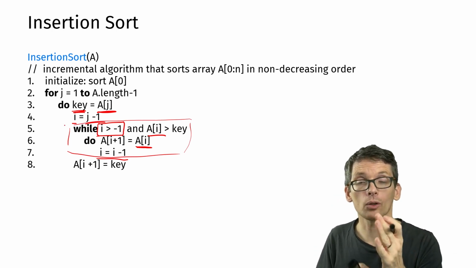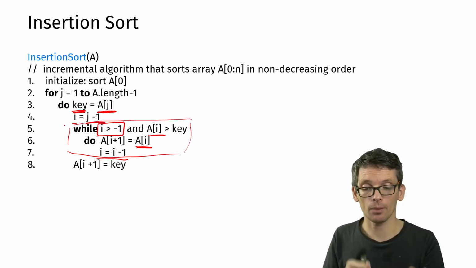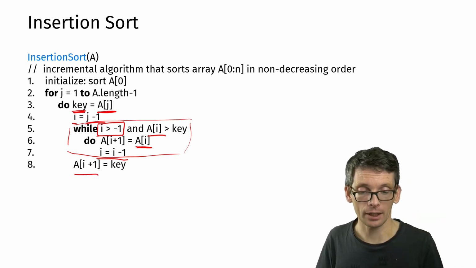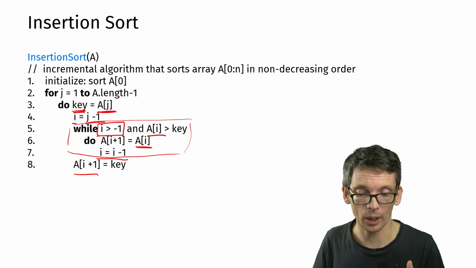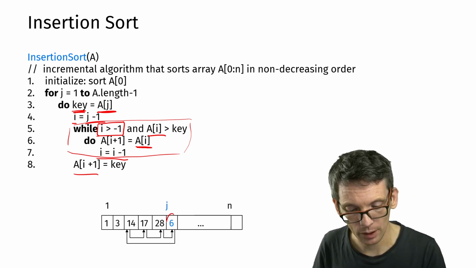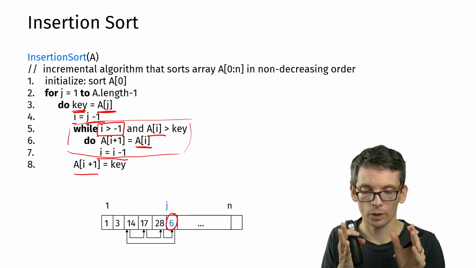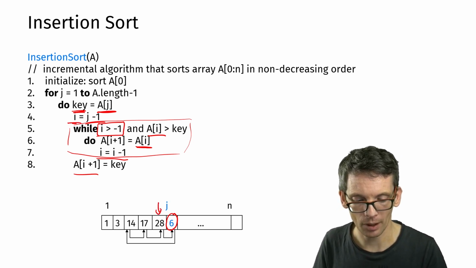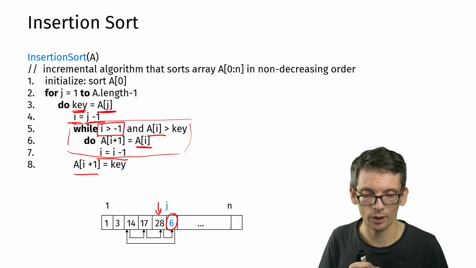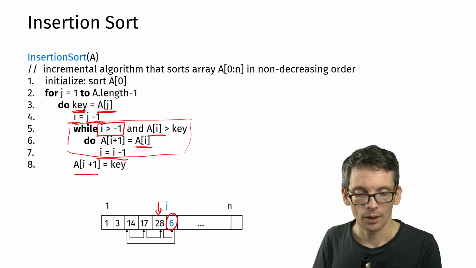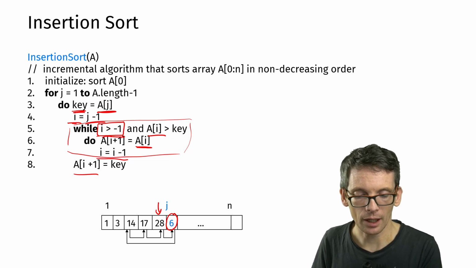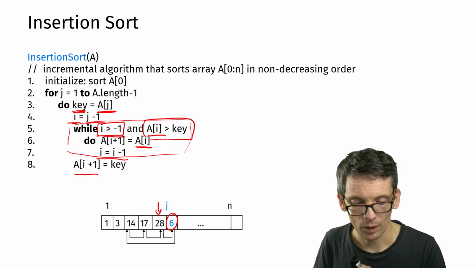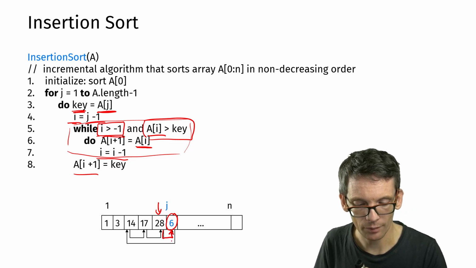When I'm done with the while loop, I know where I want to place my new element, namely at what is currently a i plus 1, and I set that then to the value of the new element, which is key. What happens here: I have the 6, which I want to insert. I set i to j minus 1, so it points to a i, which is 28. Since I'm not yet at the start of the array, and because 28 is larger than 6, I'm moving the 28 here.